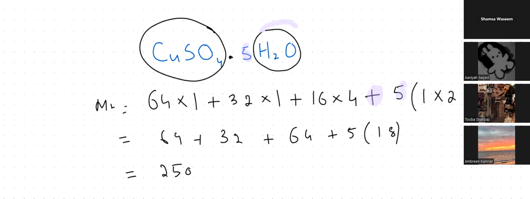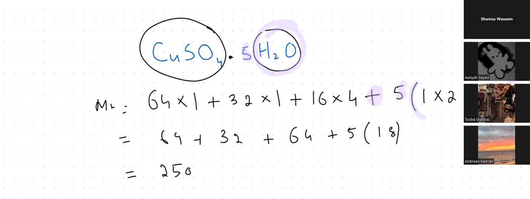After this I have to write it in a bracket because there are 5 water molecules, so you have to multiply the amount of water by 5. You do not add it. That is a common error made by students. So whenever you have water of crystallization, 5 water molecules or 10 water molecules, you need to multiply that number by the water Mr. So here I have written this in the bracket.